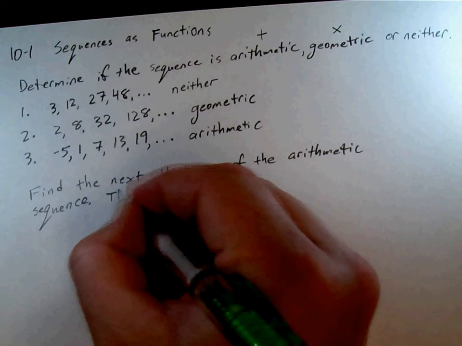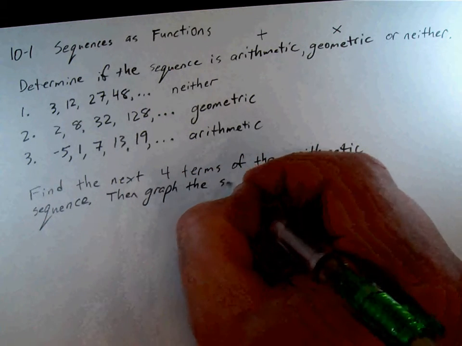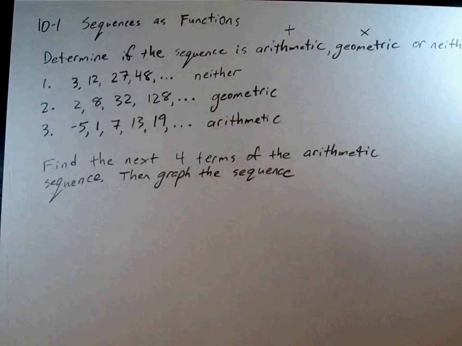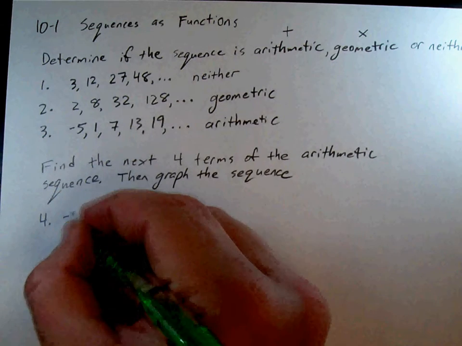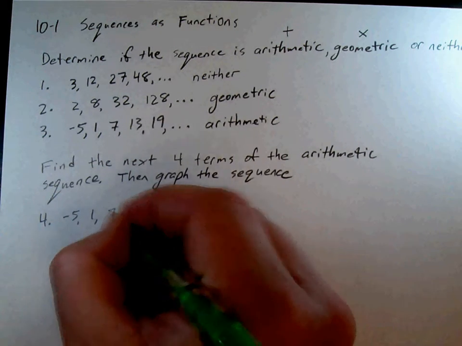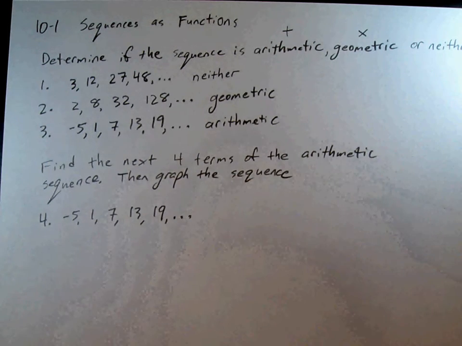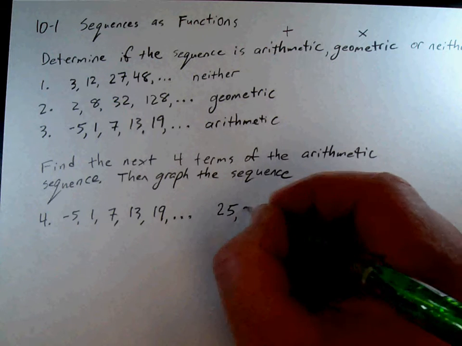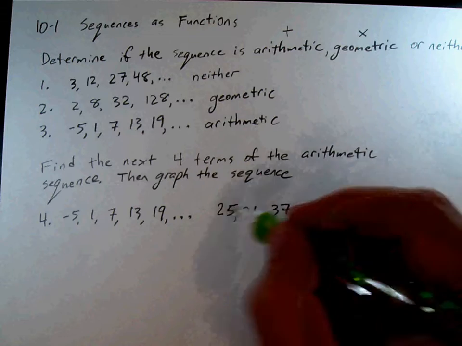Then graph the sequence. So I'm just going to take the one I already used for arithmetic, negative 5, 1, 7, 13, and 19. So let's find the next 4 terms. Looks like the pattern is we're adding 6 over and over again. So if I add 6 to 19, I get 25, and then I would get 31, then I would get 37, and then I get 43. Those are the next 4 terms.